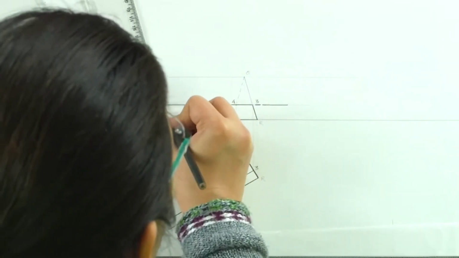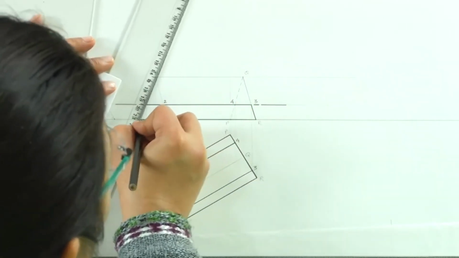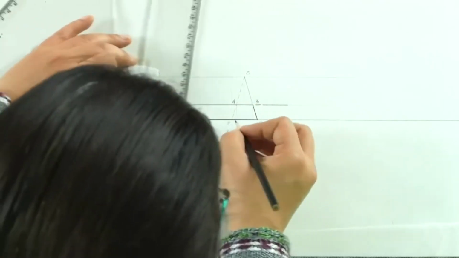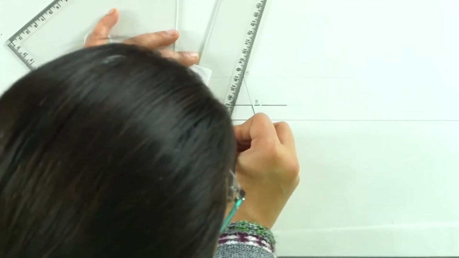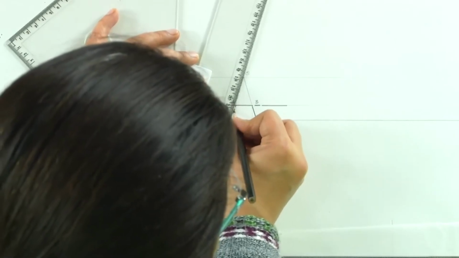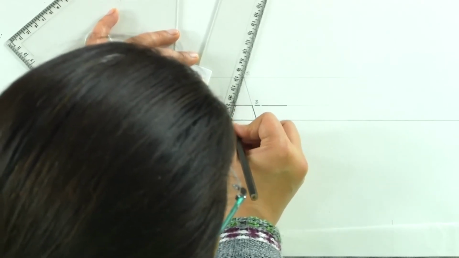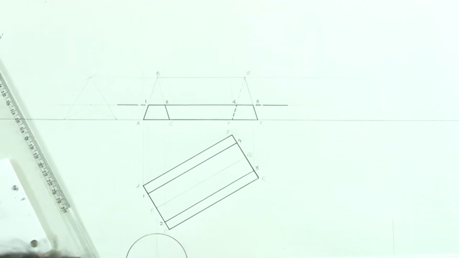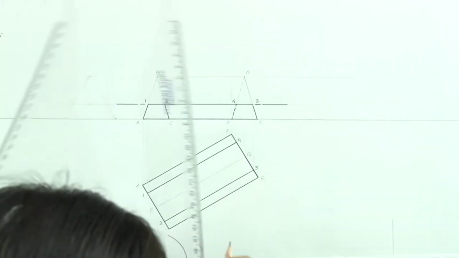So, this is the section plane. This is the final view of the section solid. And where do we see the section? So, this is the section plane.